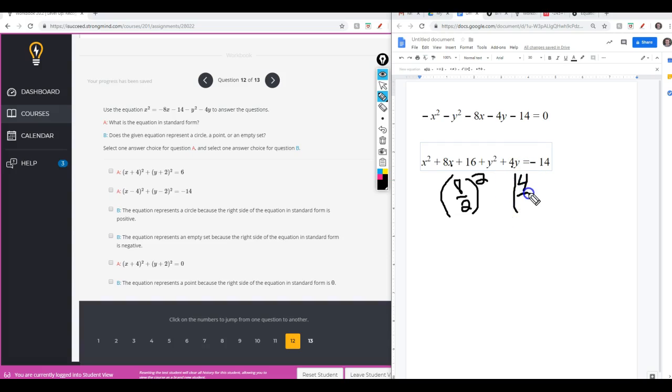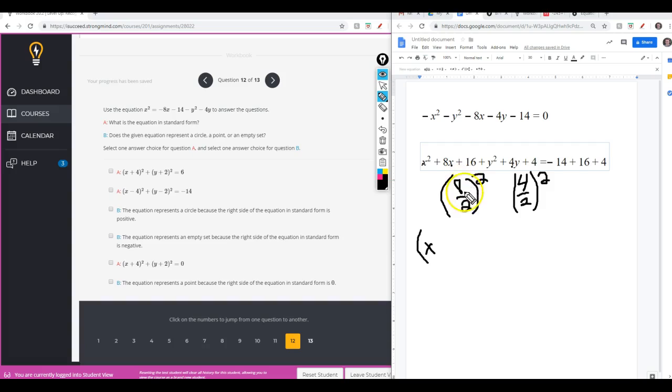So we have 4 halves squared. So 4 divided by 2 is 2. 2 squared is 4. So we are also going to add 16 and 4 to the right hand side to keep this balanced. And then we have our perfect squares.